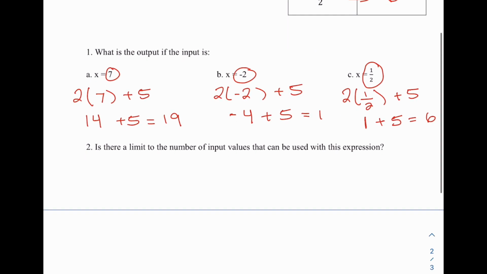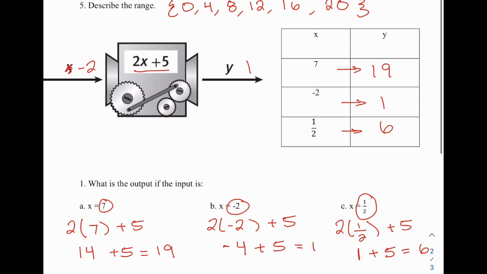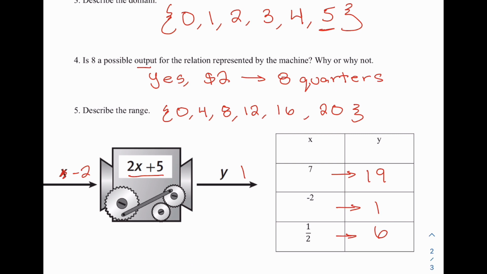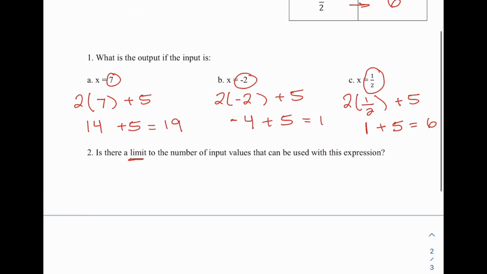And our last question, is there a limit to the number of input values that can be used with this expression? In our money example, our limit was $5. I could not put in more than $5 at a time. So is there a limit for this expression? And the answer is no. There's infinitely many numbers and infinitely many possible values that I can plug in for x.